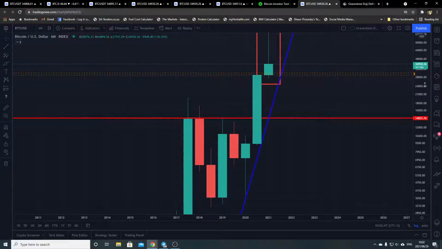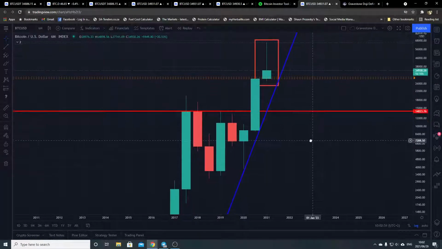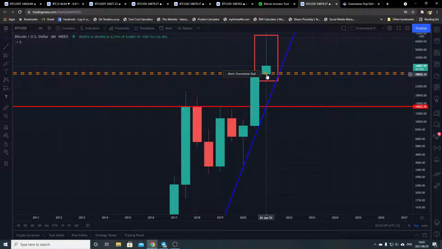Now, what is a Gravestone Doji? The Gravestone Doji is a trend reversal candlestick. It has the power to reverse the current trend. For it to be validated, we need to have this candlestick close printed and a new one opening up.